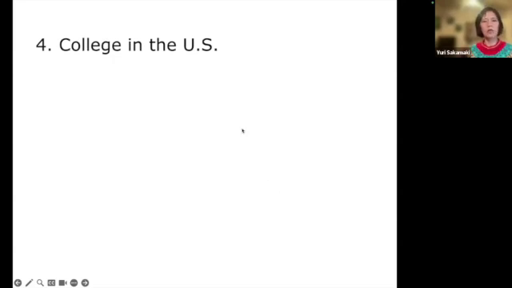So how about this one? College in the US. So the bigger idea is college, right? And college can be in the US, Japan, England. So we're going to restrict this with this restriction. This main idea, restriction. And the US is America.